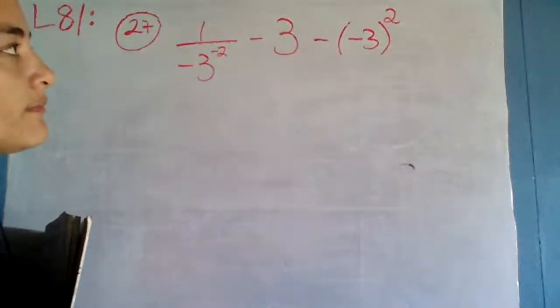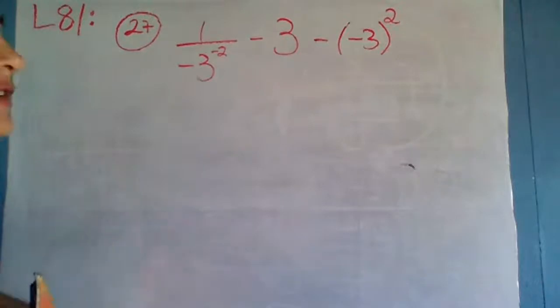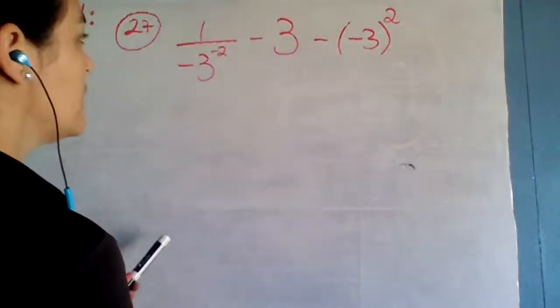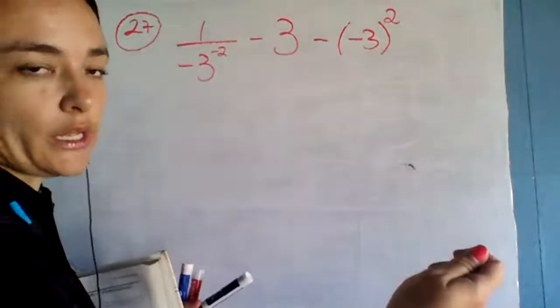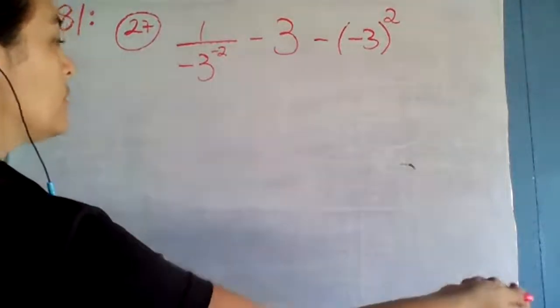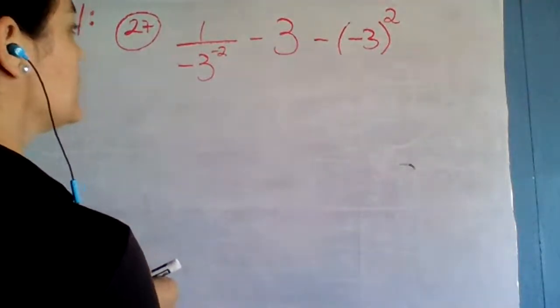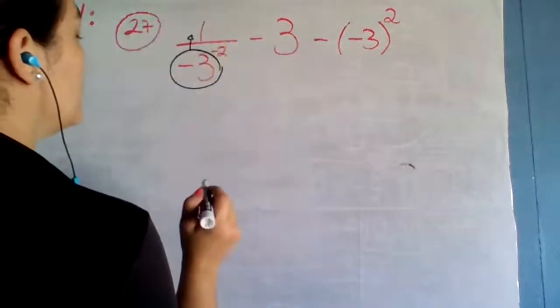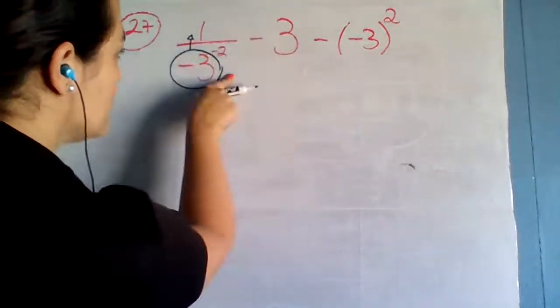Okay? So remember, the first thing we're going to do is get rid of the negative exponents. And how do I get rid of the negative exponents? It's like using a token. I'm going to say, okay, here, use my negative exponent. And what that does is that it moves this guy to the top. Okay? Or if it were on the top, it would move it to the bottom.